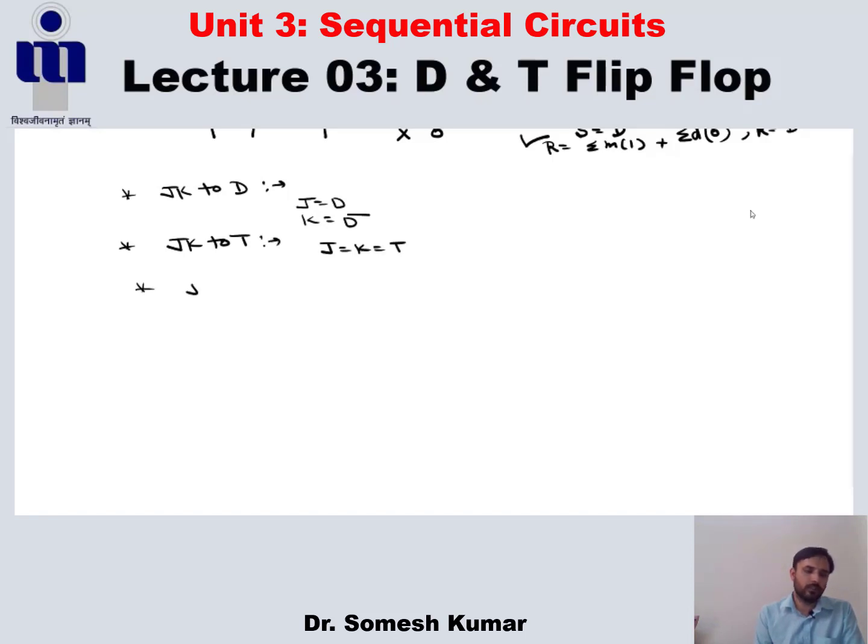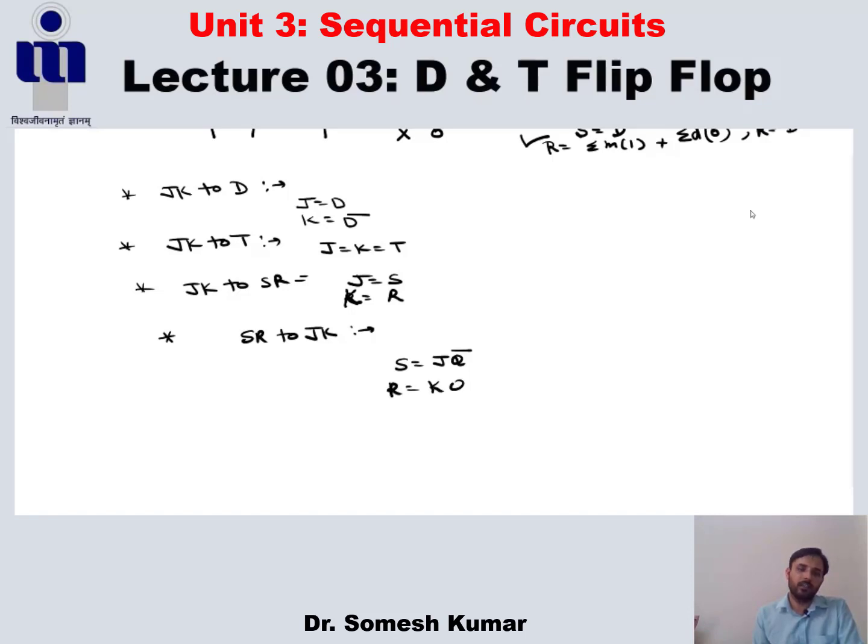Now we want to convert JK to SR flip-flop: here J equal to S and K equal to R. Suppose we want to convert SR to JK flip-flop, the inverse of this, then S becomes J Q bar and R becomes K Q. Like this we can convert all other flip-flops to other flip-flops.